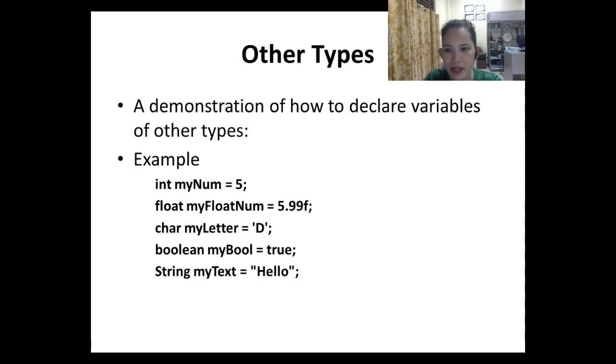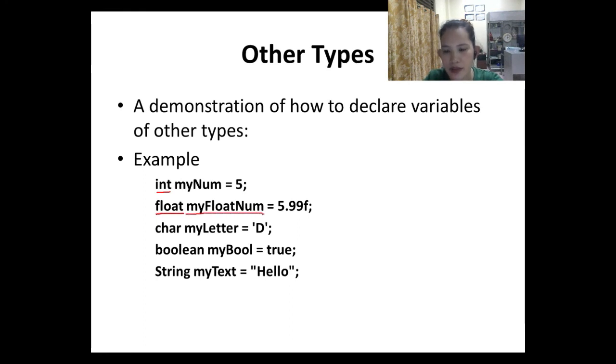Other types. A demonstration of how to declare variables of other types. These are examples of those types that we did not demonstrate. We have shown how to declare a variable using int. Now if you use float, you have to use float and then your name of variable.